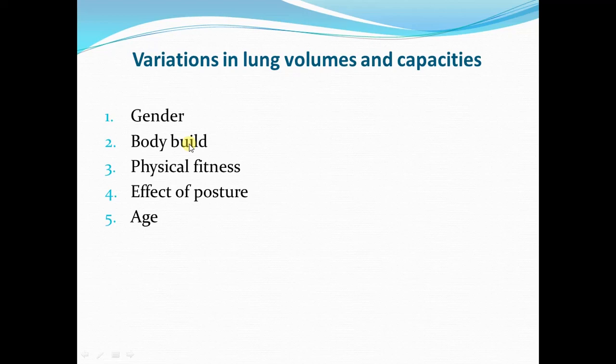The people who are tall and thin have more lung volumes and capacities as compared to the people who are short and obese. Then physical fitness also affects the lung volumes and capacities. Those people who are more fit physically, like athletes, have more lung volumes and capacities as compared to non-athletes.